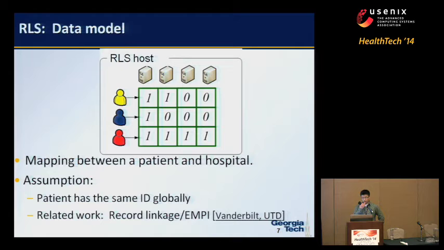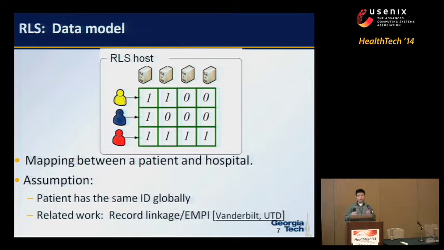Let's take a look at the data model. In an abstracted way, we can see the data as a matrix like this. It is essentially a mapping from different patients to different hospitals. Here, we made the assumption that a patient has a unique ID globally, which may not be the actual case.